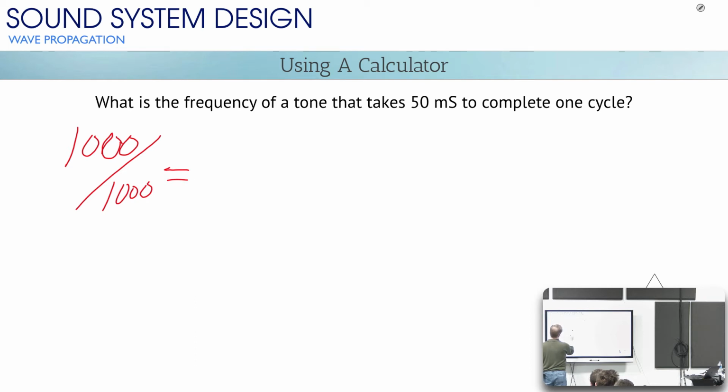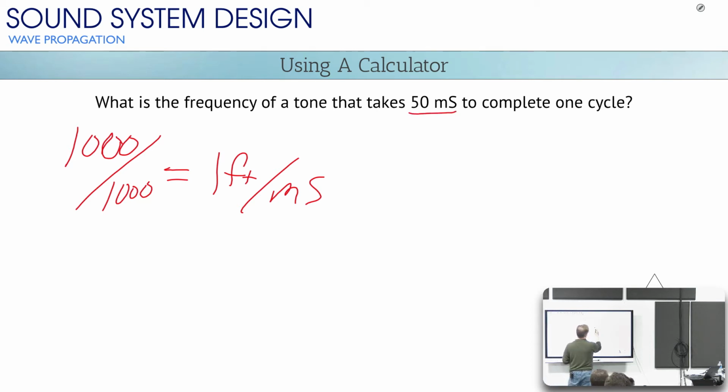So now it would be 1 foot per millisecond, right? Okay. So 50 milliseconds is otherwise known as 50 feet, right?